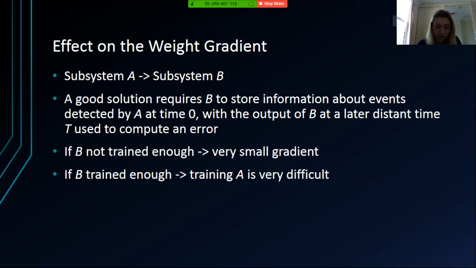On the other hand, if B is trained enough and is able to reliably store information for a long enough time, the gradients can propagate, but because they quickly vanish into very small values, training A is very difficult. It depends on the size of t and the amount of noise between 0 and t, which is the length of the sequence, but it's generally difficult to train A.